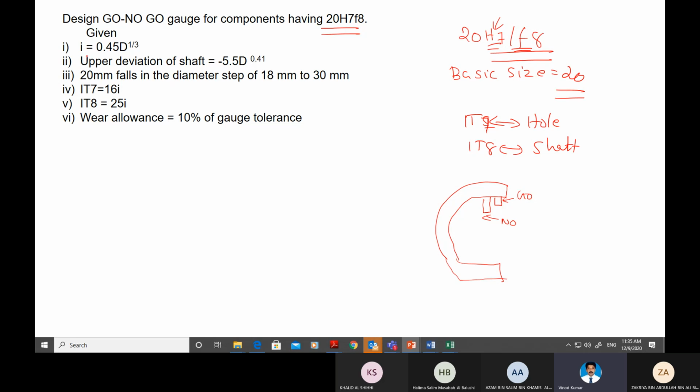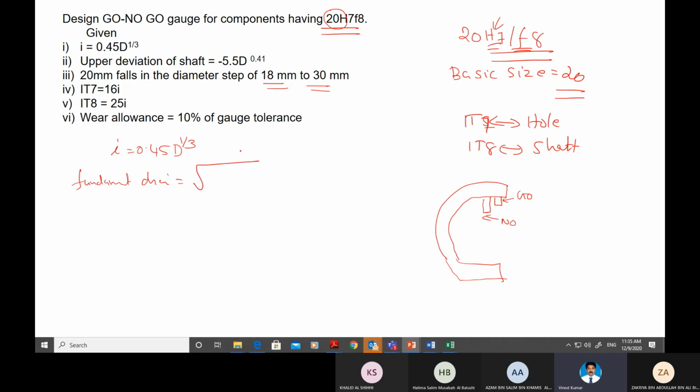So I is the deviation. I is calculated as 0.45 D raised to 1 over 3. Here the 20 millimeter basic diameter falls in the diameter steps of 18 millimeter and 30 millimeter. We can calculate the fundamental diameter. How to calculate the fundamental diameter?